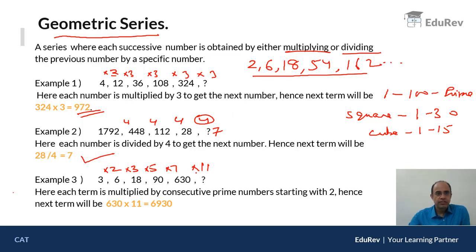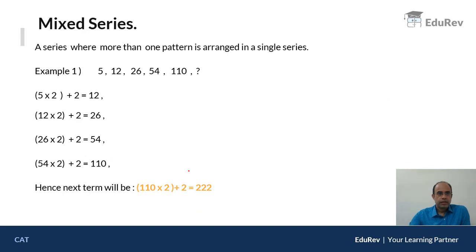Otherwise, it becomes very, very difficult. You need to do this again and again. Now 630 into 11 gives me 6930, which is the next term. The first type of series is said to be geometric series.